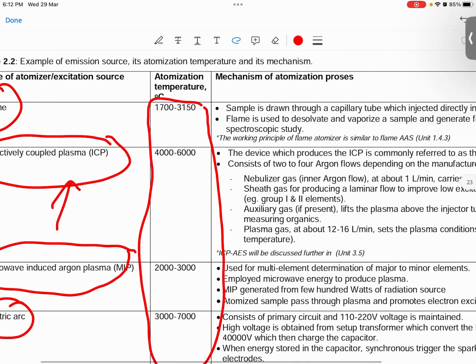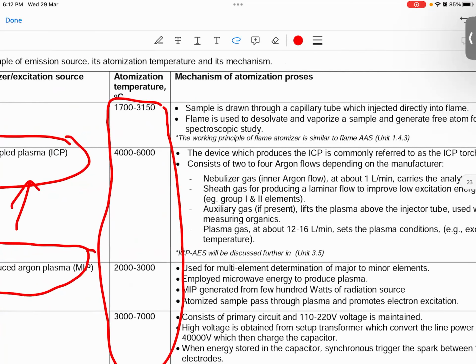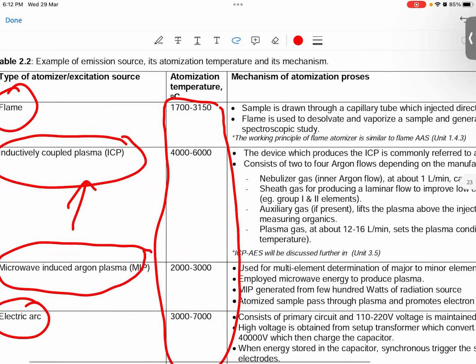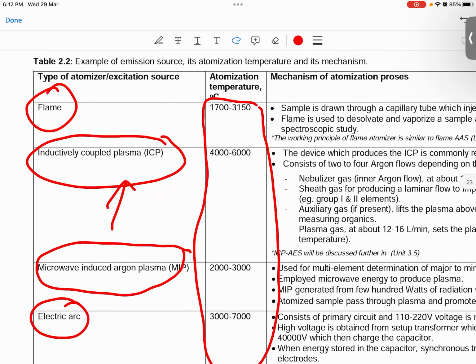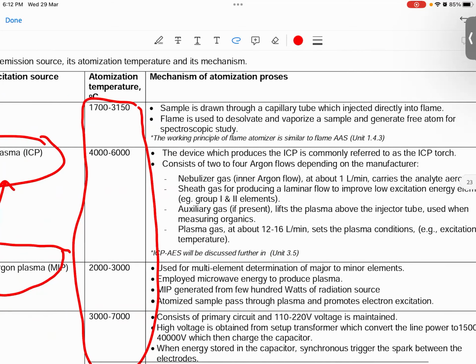The mechanism of the atomization process is how the sample is introduced through the atomizer and excitation source. That depends on the setup. Sometimes you have autosamplers, sometimes a capillary tube. Remember the video that we watched last lecture, they used a capillary tube.